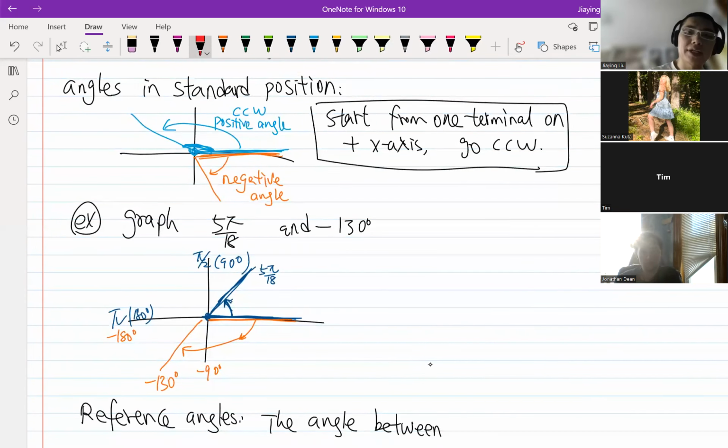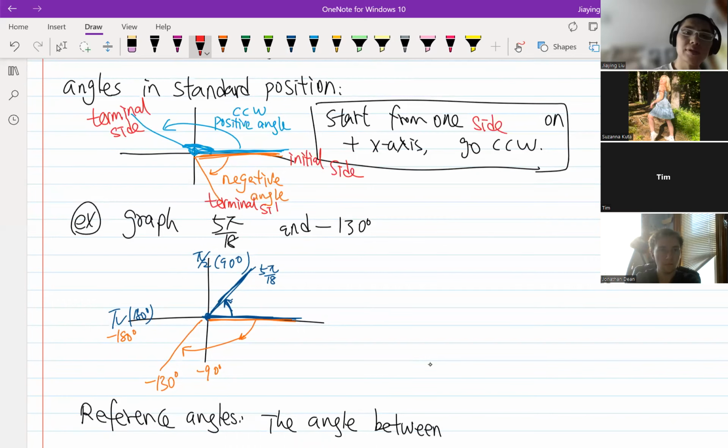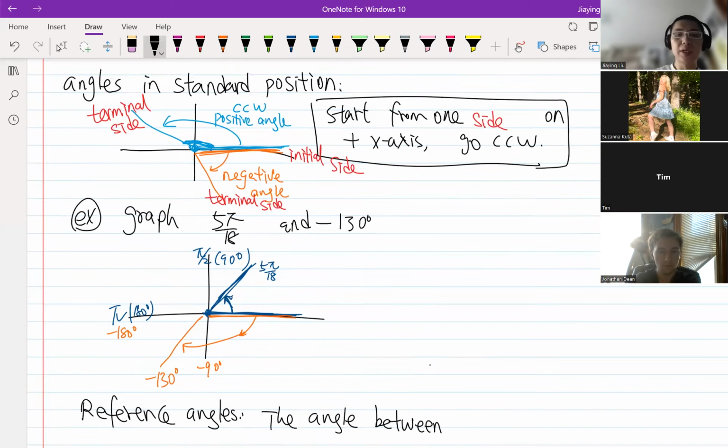The positive x-axis, that's the initial side. Starting from one side on the positive x-axis, that's the initial side of the angle. And where we end up, that's the terminal side of the angle.